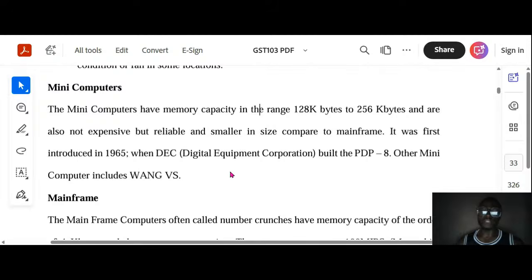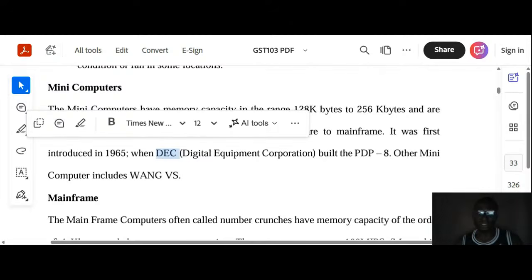It was first introduced in 1965 when DEC, Digital Equipment Corporation, started filling the gap. What is the full meaning of DEC? I want you guys to do this. Write it.